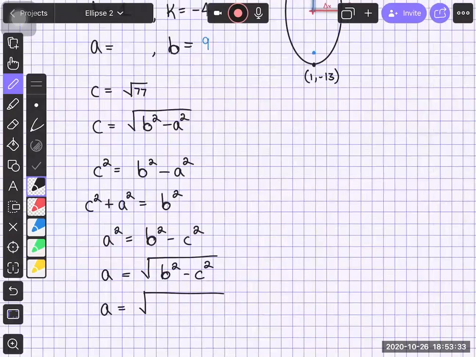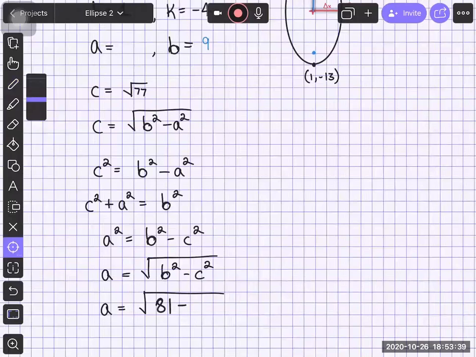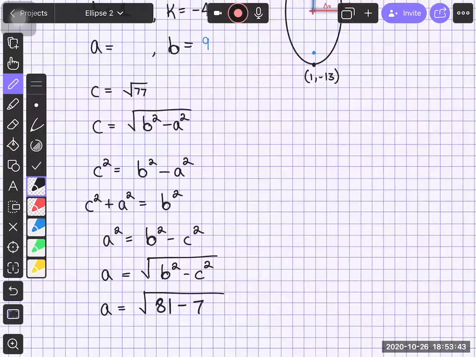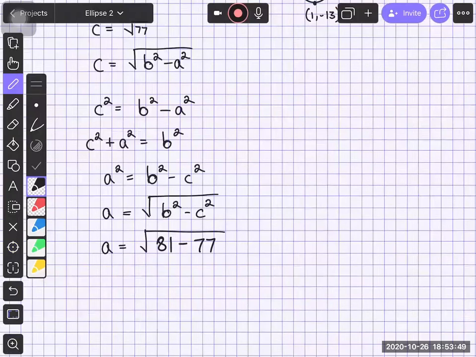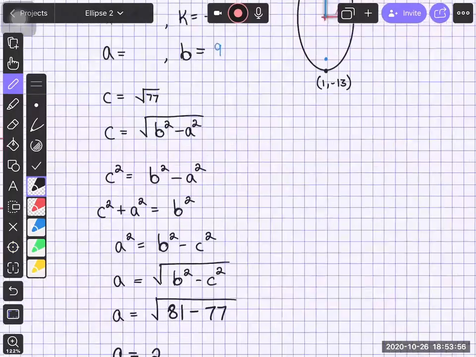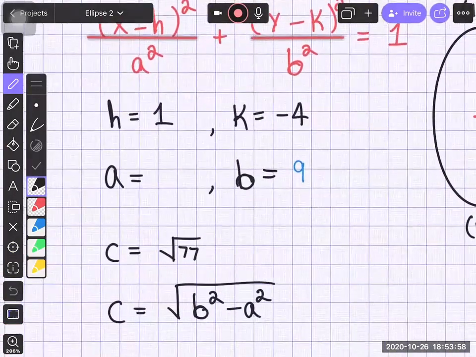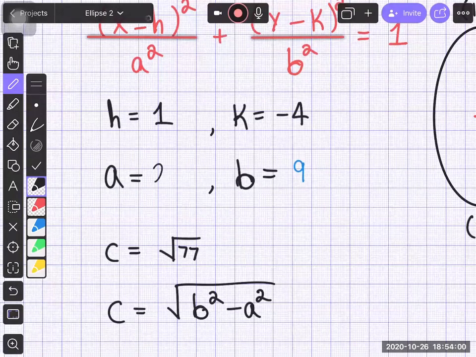So 9 squared will be 81 minus c squared, and c is the square root of 77, so c squared will be 77. So 81 minus 77 is 4. The square root of 4 is 2. So now we have the value for a, which is 2.